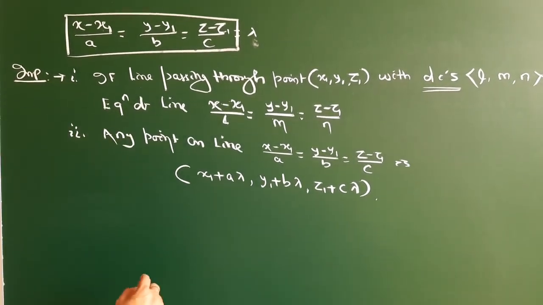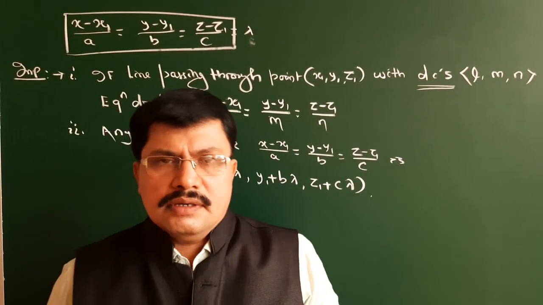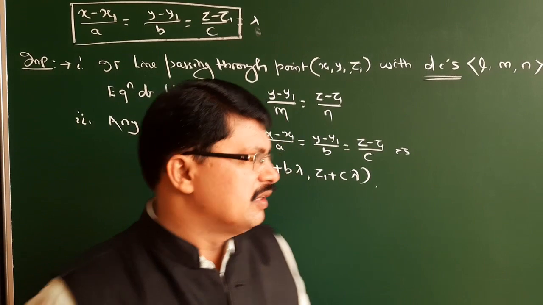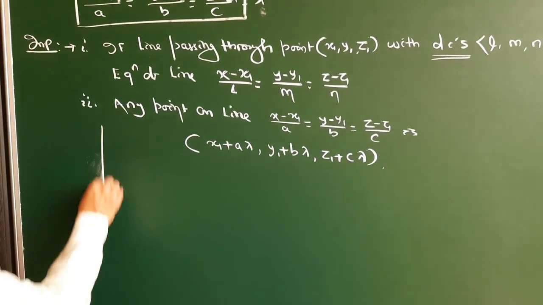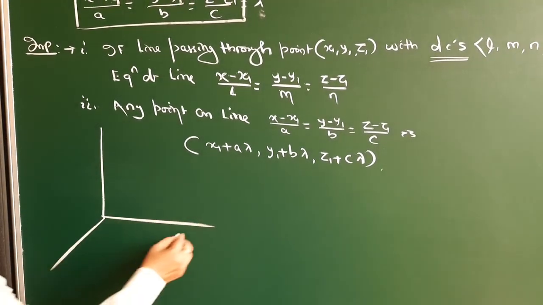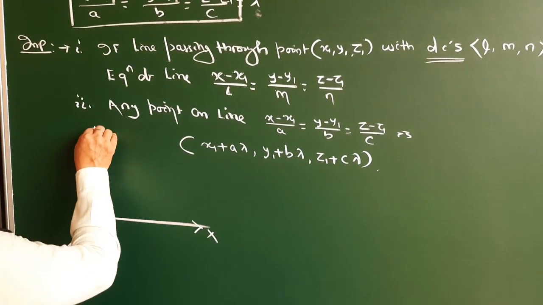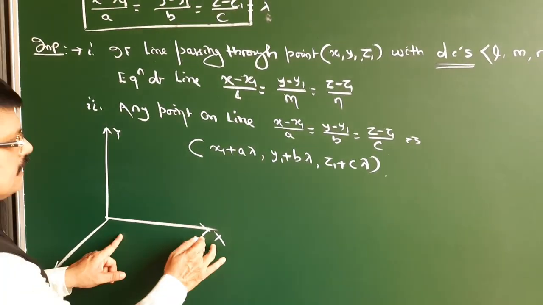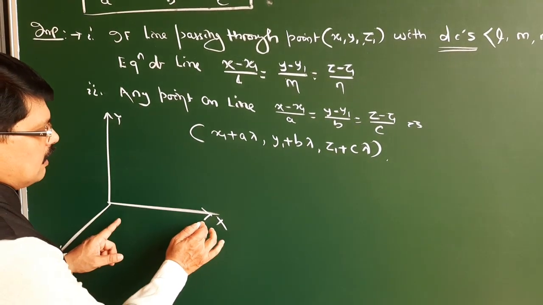Okay. Now the question is, what is the equation of the coordinate axes? You just follow this. Here, this is the x-axis, this is the y-axis, and this is the z-axis. What are the direction cosines of the x-axis?